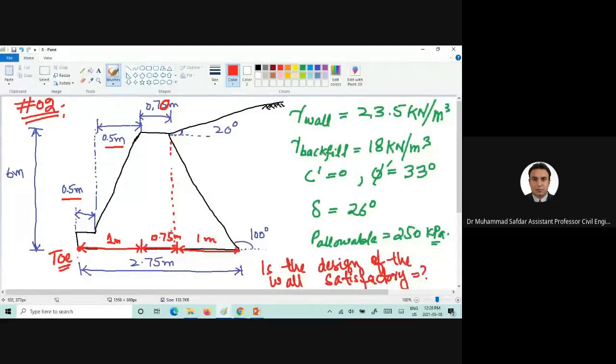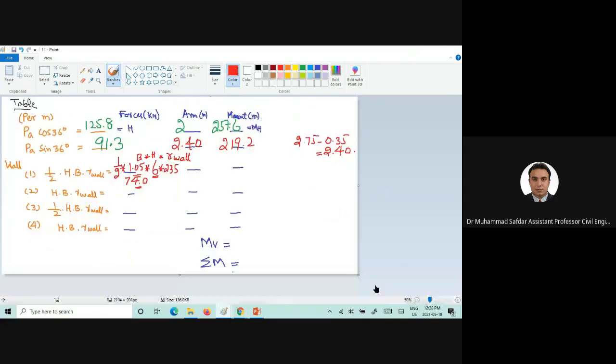So this one would be 0.70 meter. And this one would be equal to 1.05 meter. Okay, that slight change was occurring due to this error. Anyways, that would be equal to now 74.0. Yeah, okay, so that was the error. The width was equal to 1.0 meter.